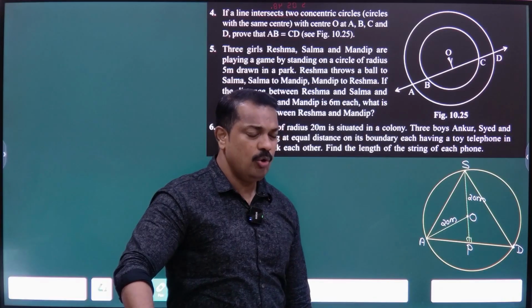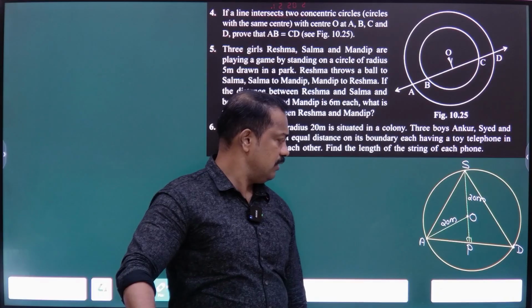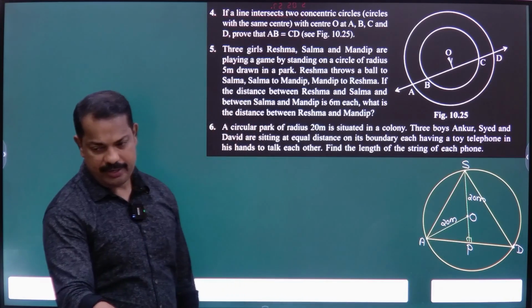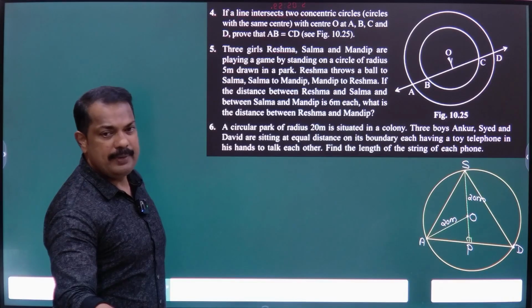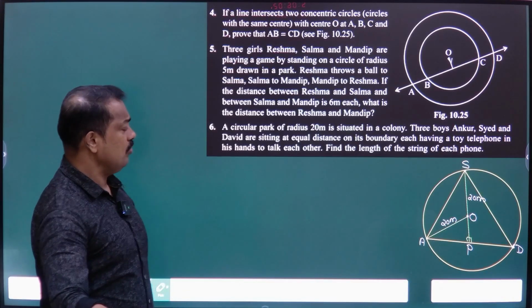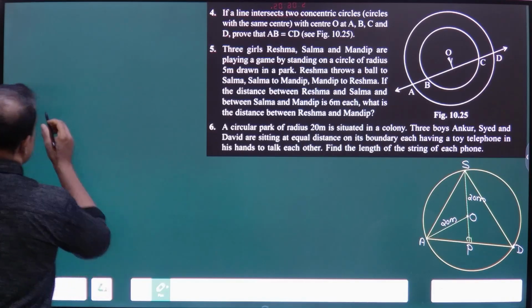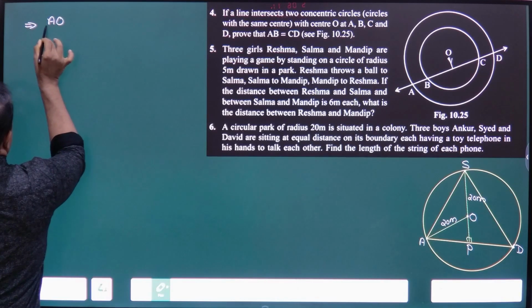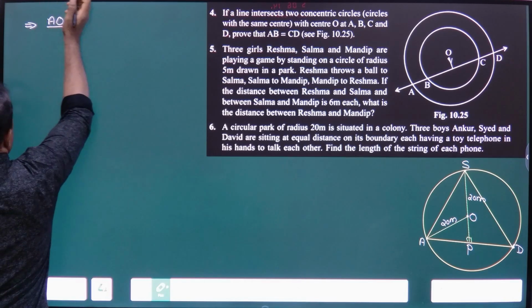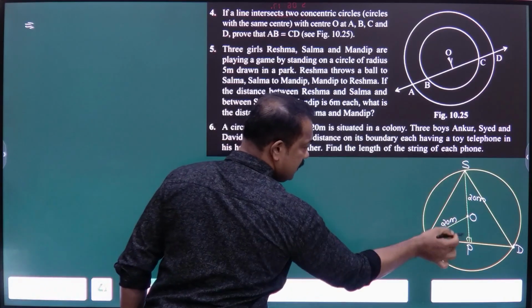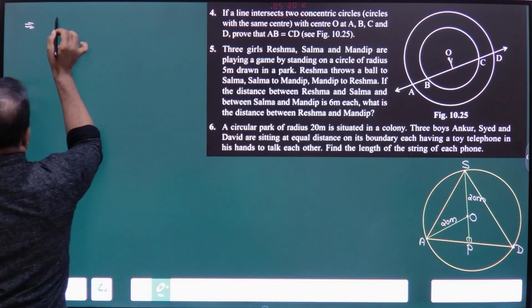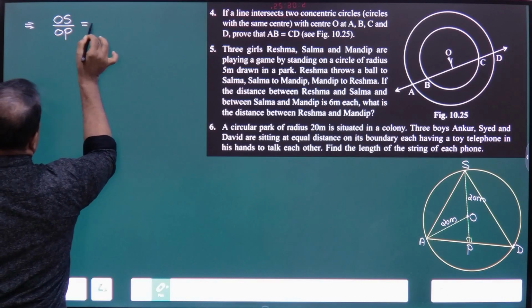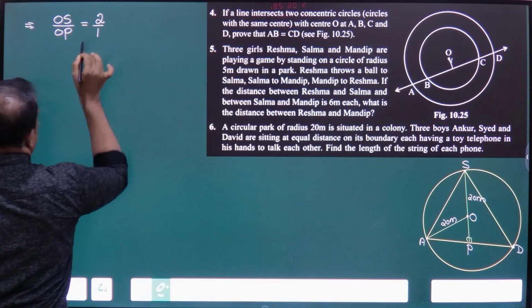The centroid O divides median SP in the ratio 2:1, which implies OS divided by OP, since median SP, is equal to 2 divided by 1. 2:1.